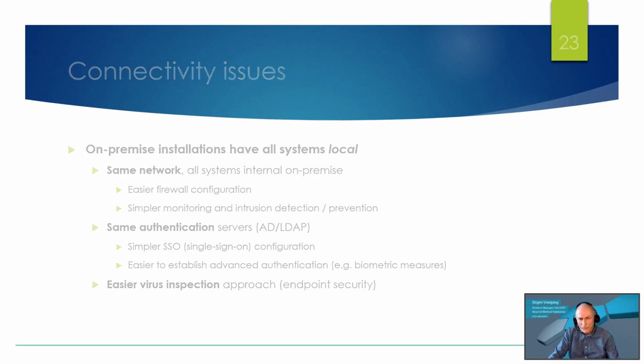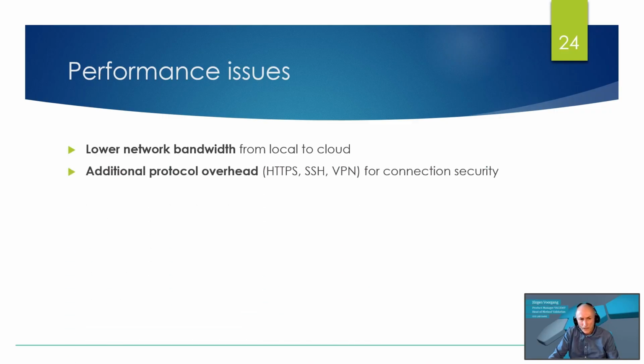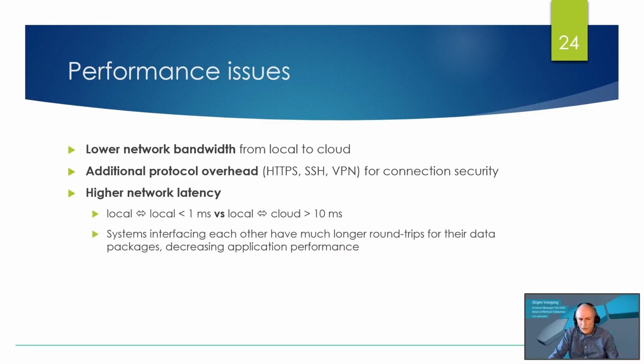We have performance issues. That means we have lower network bandwidth from local to cloud. We have additional protocol overhead when implementing protocols like HTTPS, SSH, or VPN for connection security. We have higher network latency. For example, when you're accessing local systems, you're normally better than 1 millisecond.